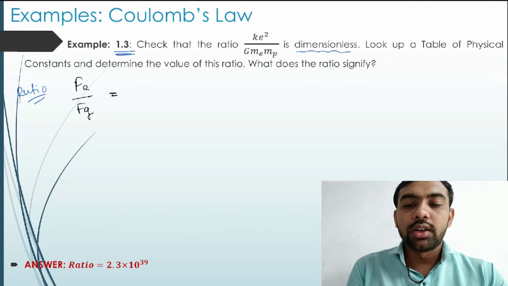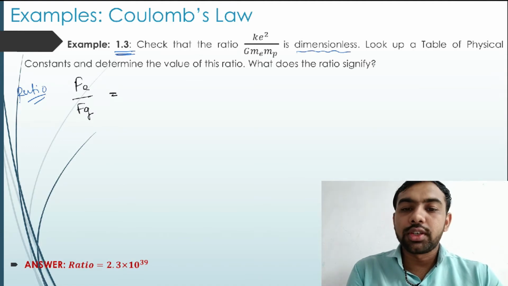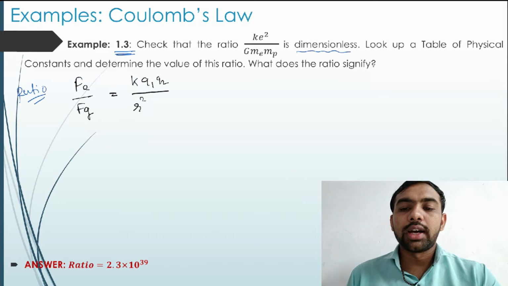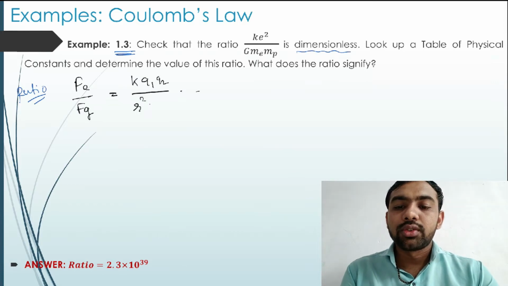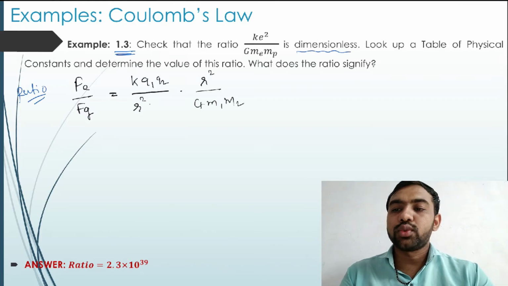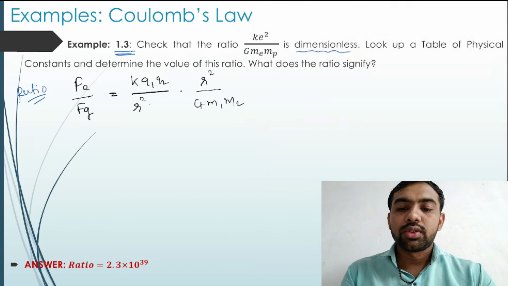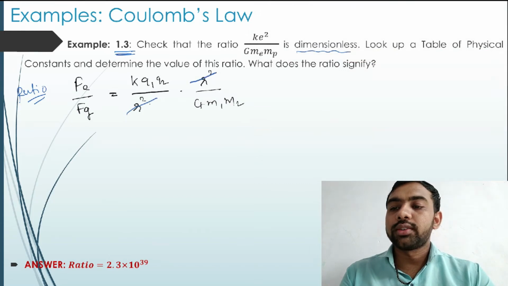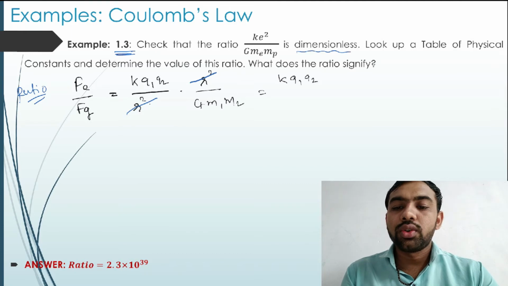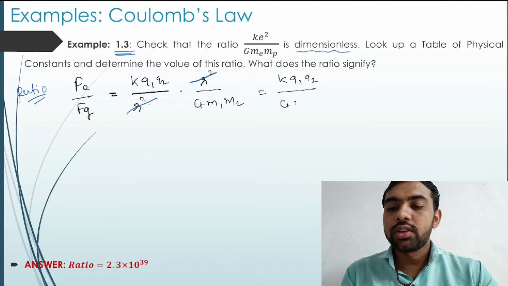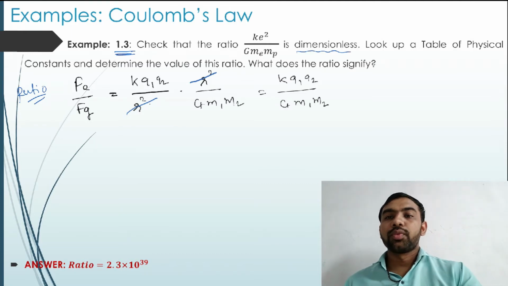So F electrostatic is K Q1 Q2 upon r square, into what is F gravity? G m1 m2 upon r square. So r square cancels out. What you get is K Q1 Q2 upon G m1 m2.